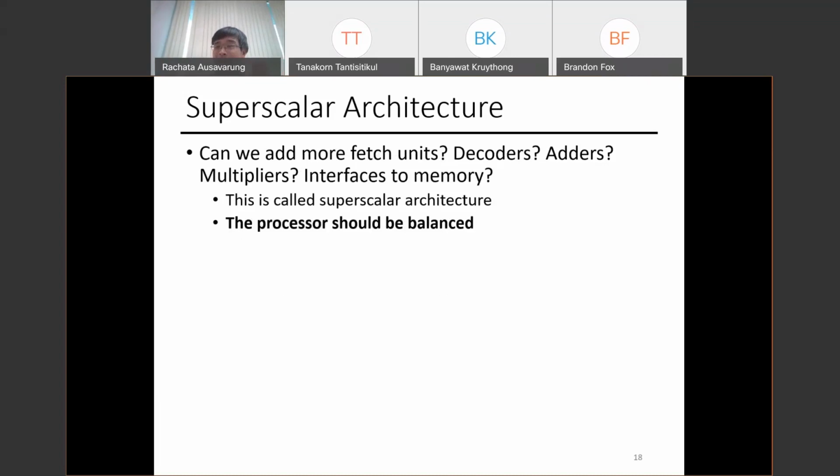You need to make sure it's balanced. If we don't fetch enough instructions, and somehow we can fetch two instructions in a cycle, if that is your bottleneck, go ahead and add more fetch units. If you don't have enough adders, go ahead and add more adders.